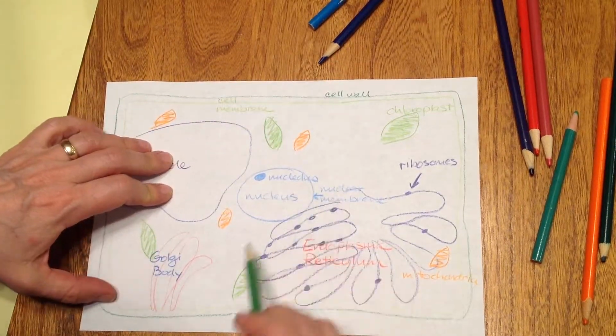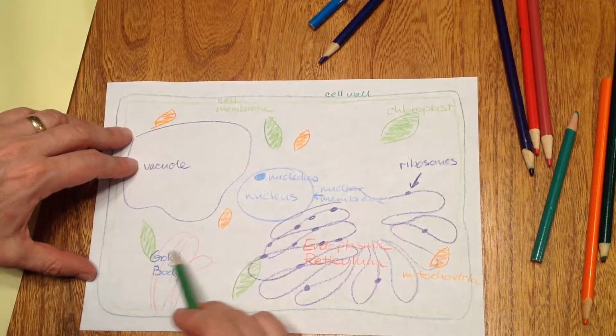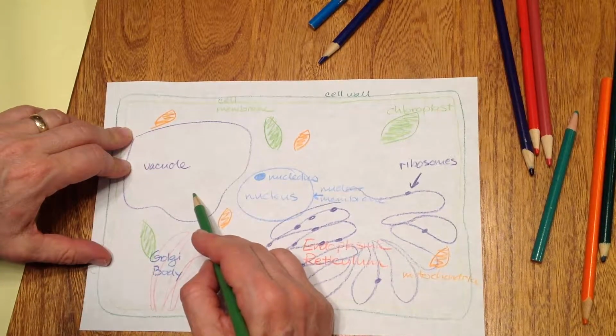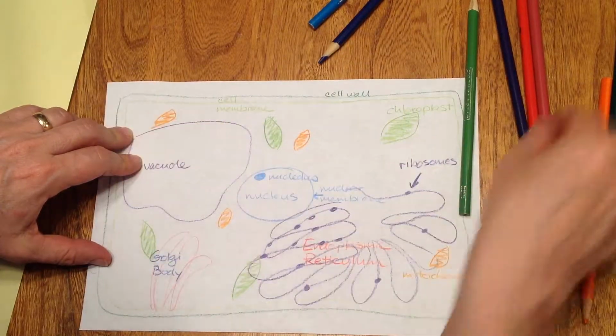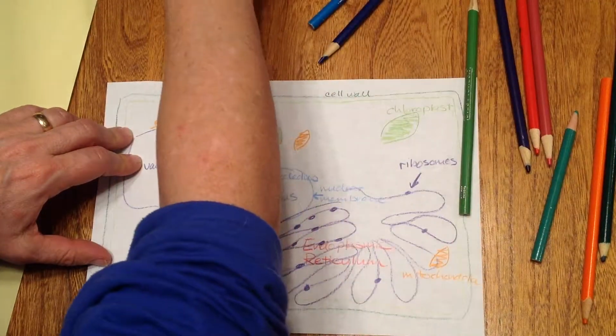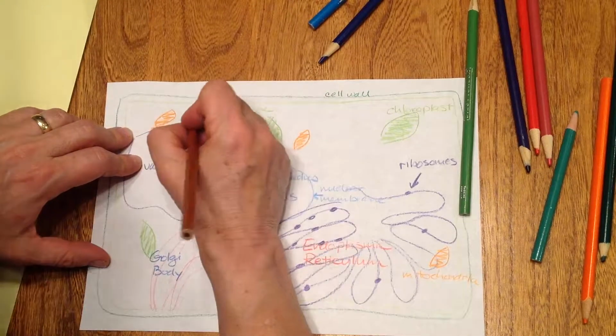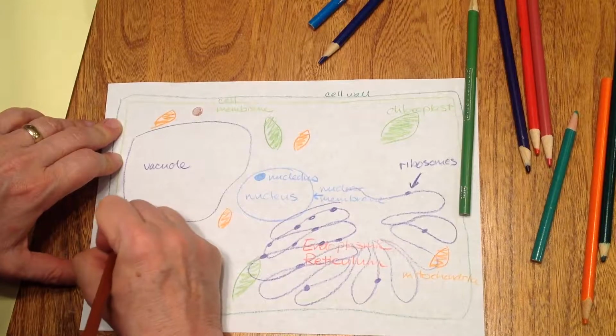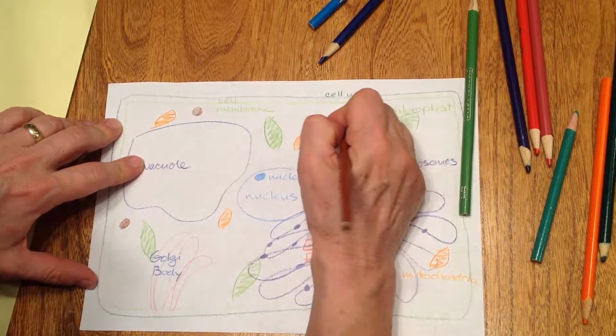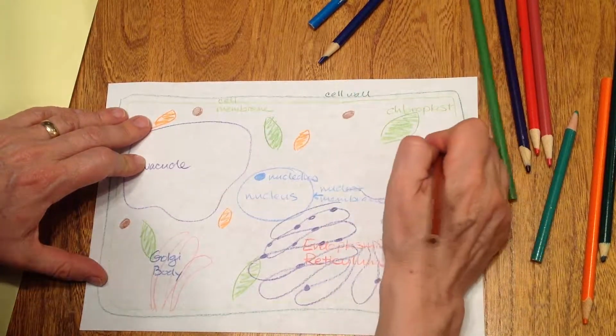Okay, let's see what we're missing here. Nucleus, nucleolus, Golgi, vacuole. Oh, and then let's put in some, they're called lysosomes. We'll just make them this color. They're usually just circular things that are kind of darkish looking.